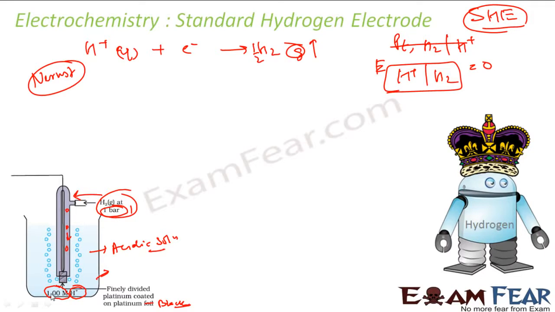Now the question is, why did we use platinum here? What is the role of platinum electrode here? See, platinum is inert electrode. Correct. So Pt is inert.